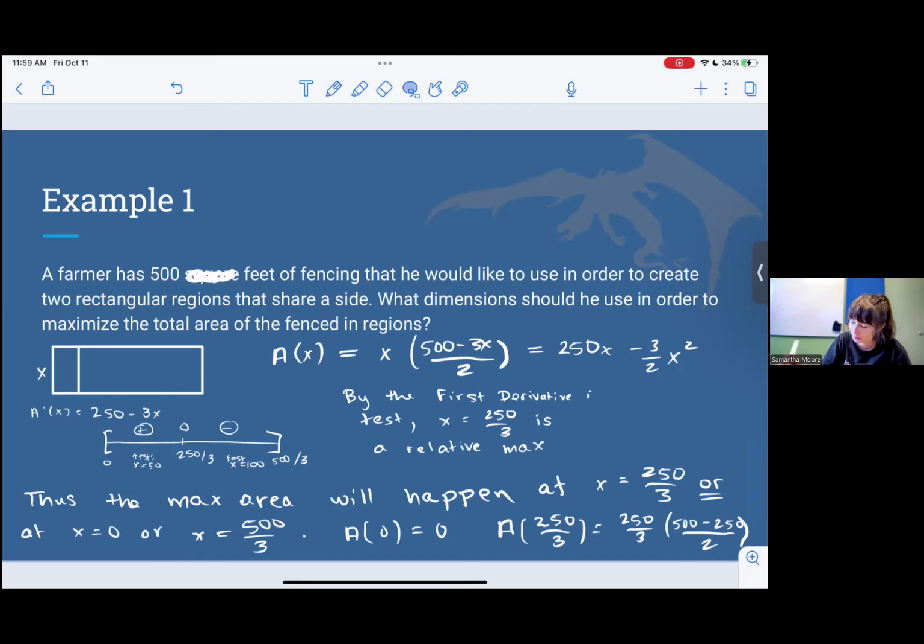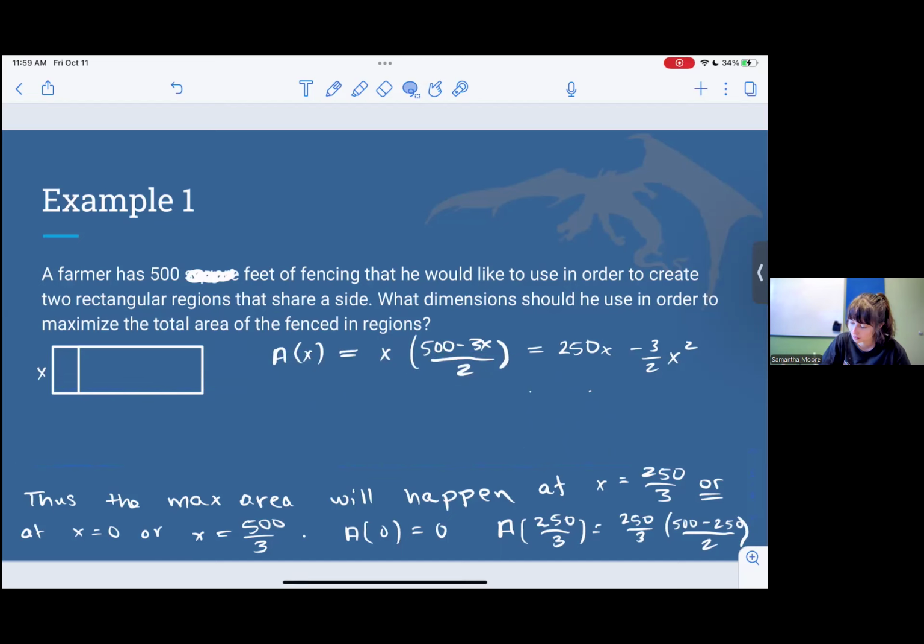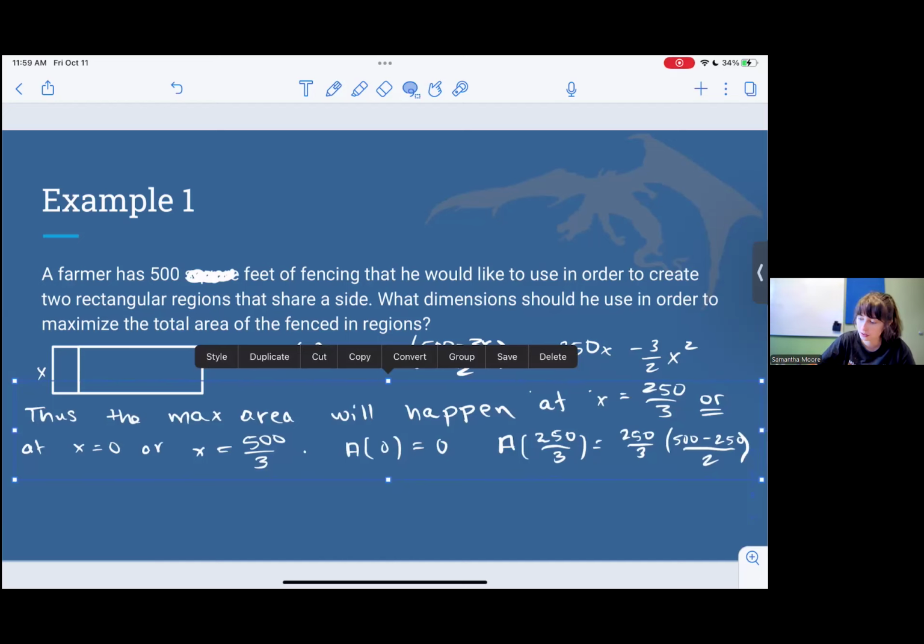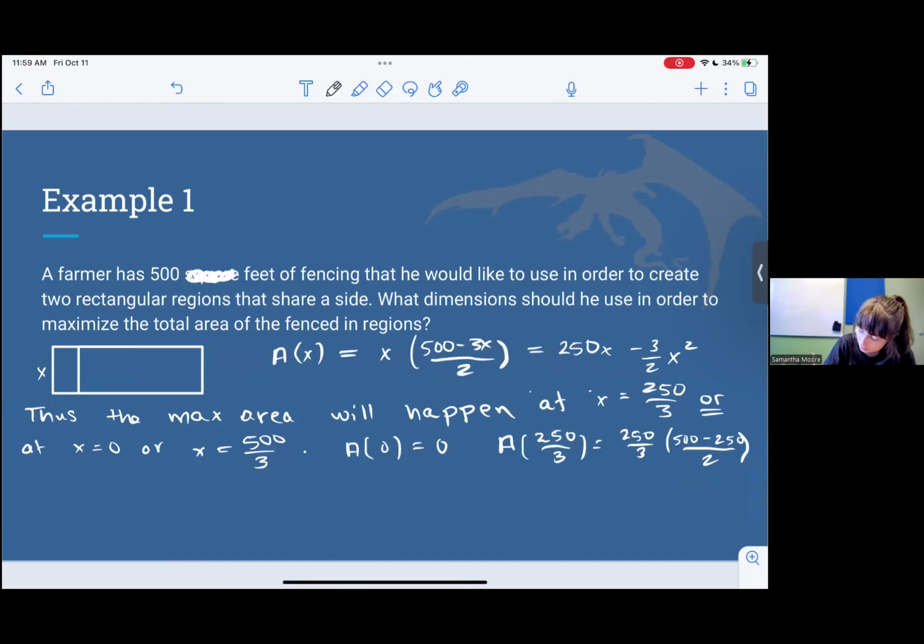Then I'm running out of space because these are such large problems. But we also need to plug in our last endpoint, which was 500 over 3. So the area at 500 over 3 is also going to end up being 0.